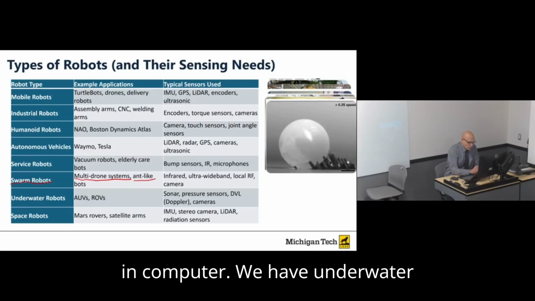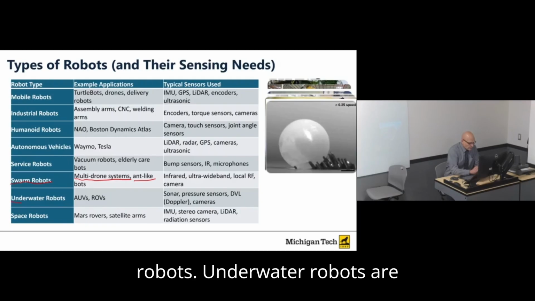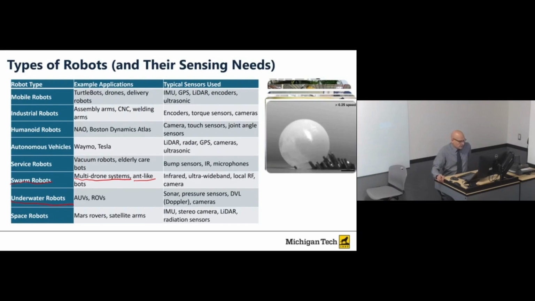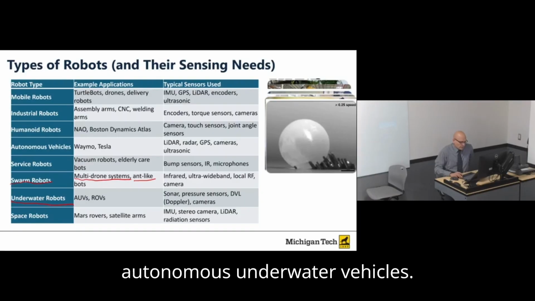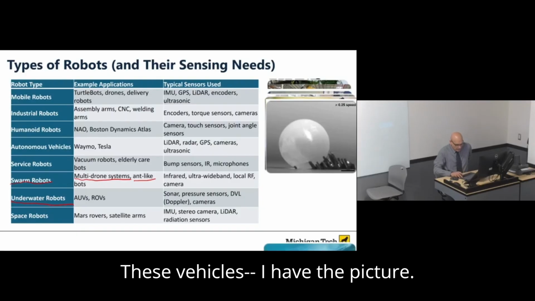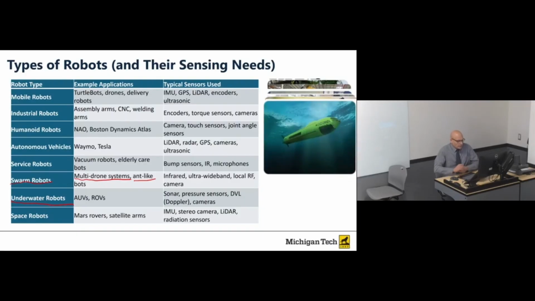We have underwater robots. Underwater robots have so many applications these days, like AUVs, autonomous underwater vehicles. These vehicles, I have the picture.